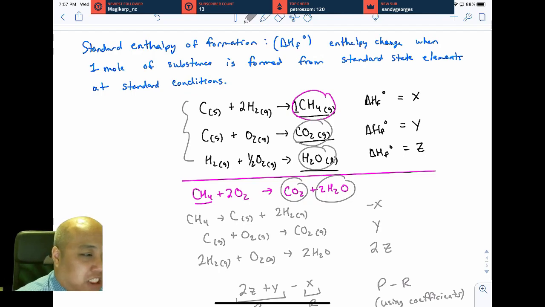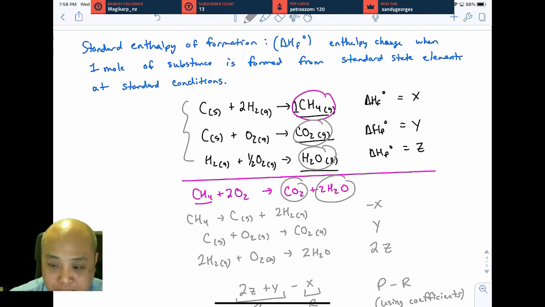And so it's just not a great idea for that. So just be careful about that and try to think about this and apply it a little bit better. But so that is enthalpy of formation. So products minus reactants using coefficients, that's the best way to do that information, I think.